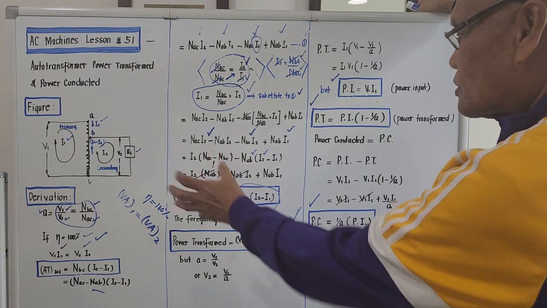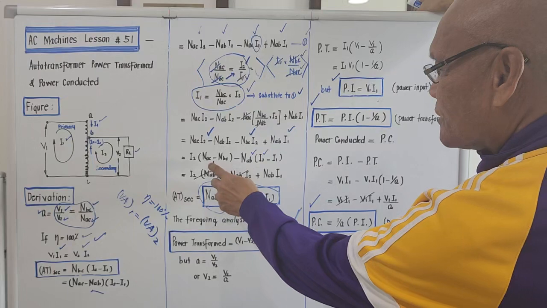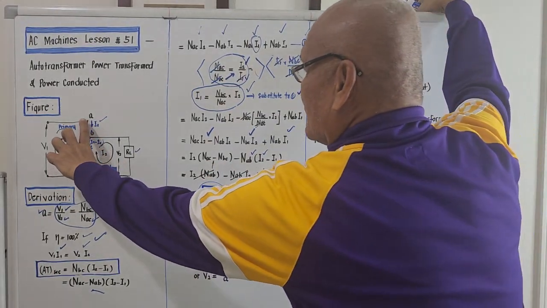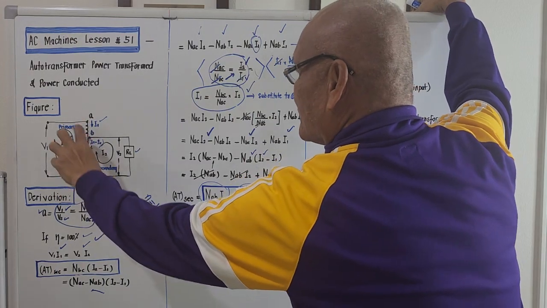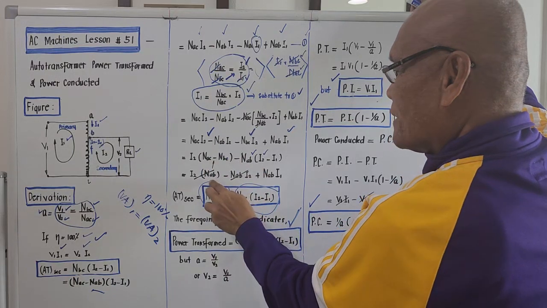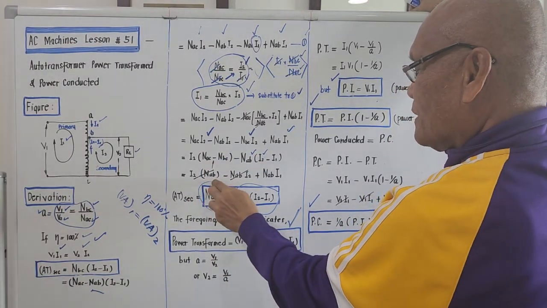Again, if we expand, this should be I2 NAB. But the difference NAC minus NBC is actually NAB, so I replace this difference by NAB. So this will now be I2 NAB.